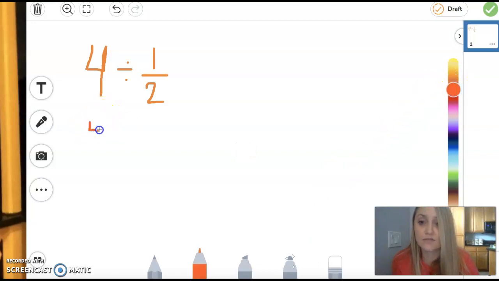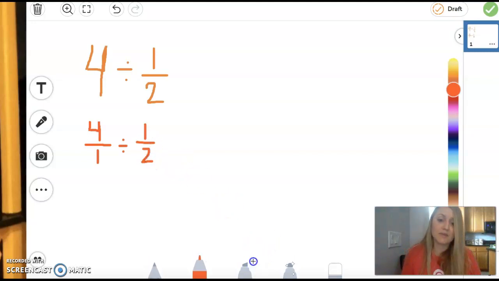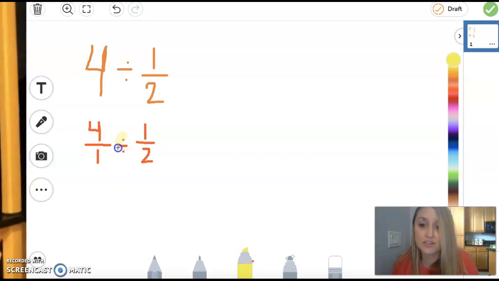So we have 4 over 1 divided by 1 over 2. The big rule that we have here is you cannot divide with these fractions. You have to figure out a way to get it to multiply. So, number 1 rule, you have to flip the second number and multiply.